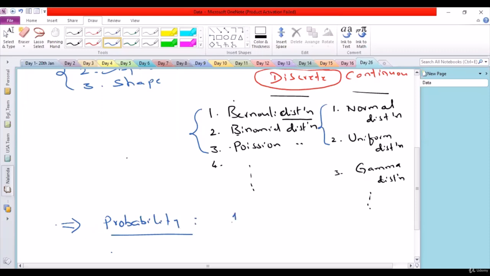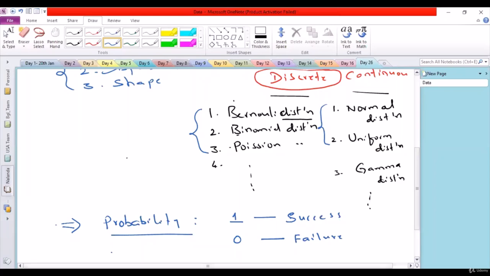A probability value of 1 means that in any event that is happening, 1 stands for success and 0 stands for, I will not say failure, okay, let us write it as a failure. That means the experiment has failed.